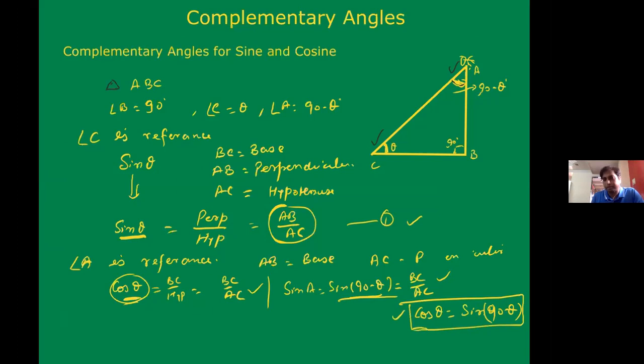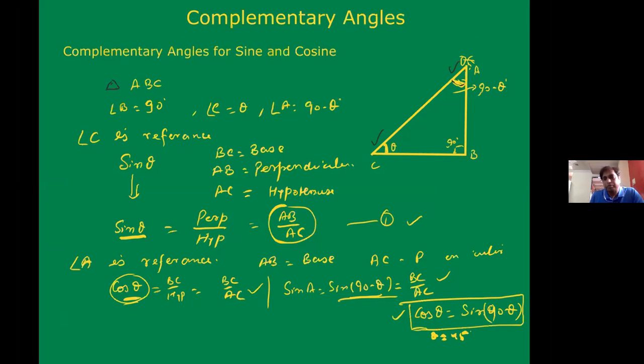For example, if I take the angle theta equal to 45 degrees, cos 45 is 1 by root 2, and sine 90 minus 45 is sine 45, again 1 by root 2. So both are the same. We can take any angle, not only 45 degrees.